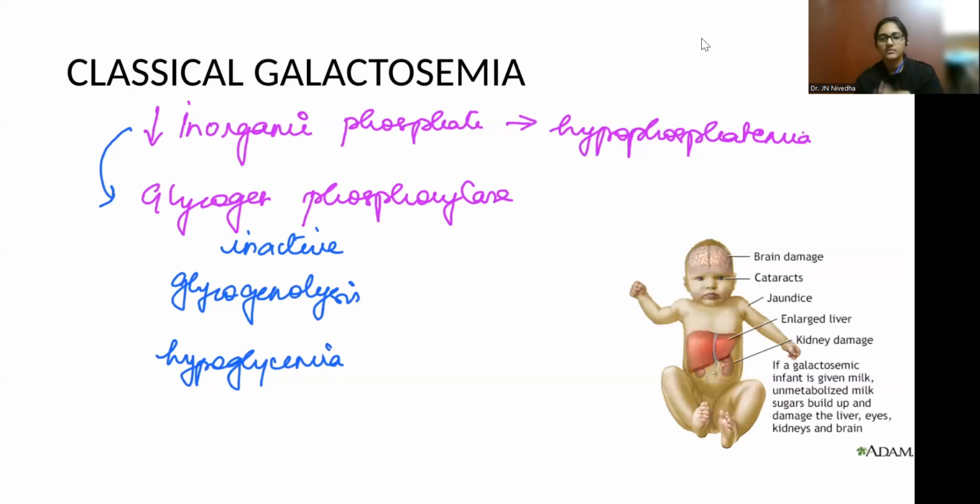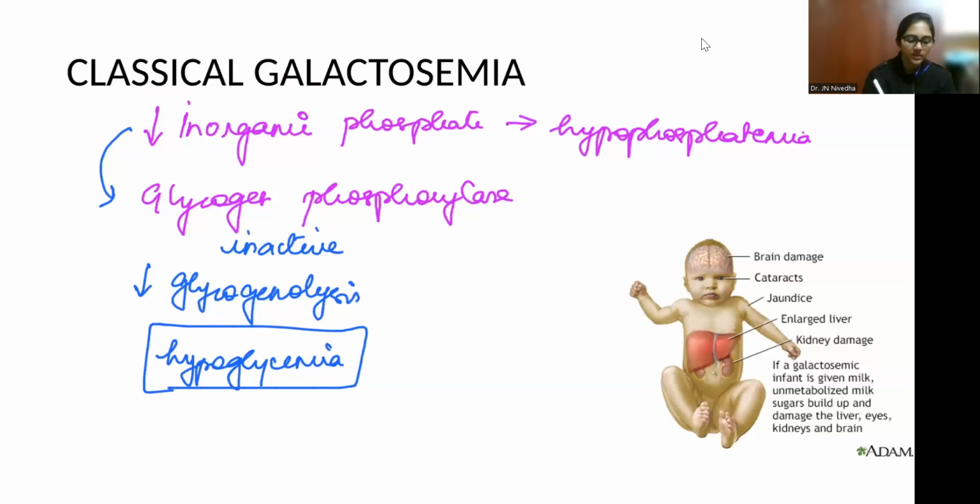But after that, in the fasting state, your liver glycogenolysis maintains your blood glucose level, and the rate limiting step is glycogen phosphorylase. So if your inorganic phosphate is decreased, the glycogen phosphorylase cannot be active, leading on to decreased glycogenolysis. That will lead on to hypoglycemia. So in galactosemia, there is hypoglycemia due to decreased activity of glycogen phosphorylase.